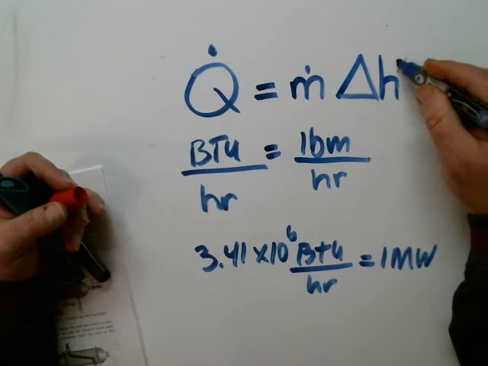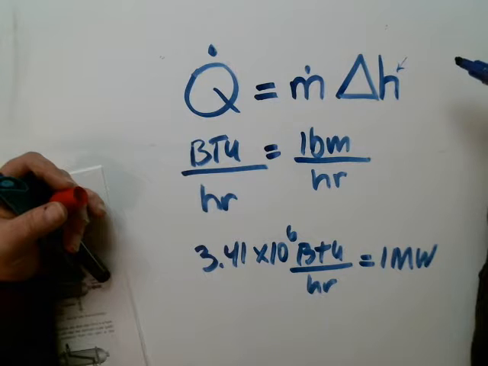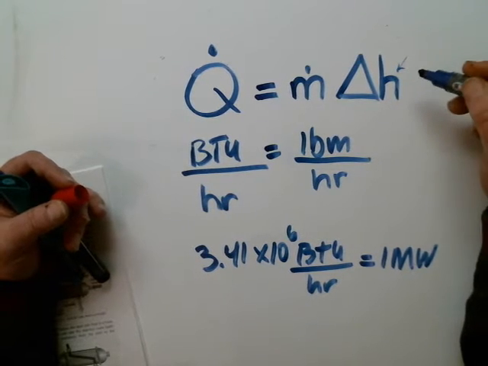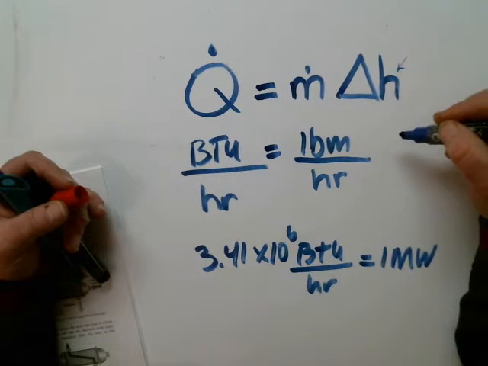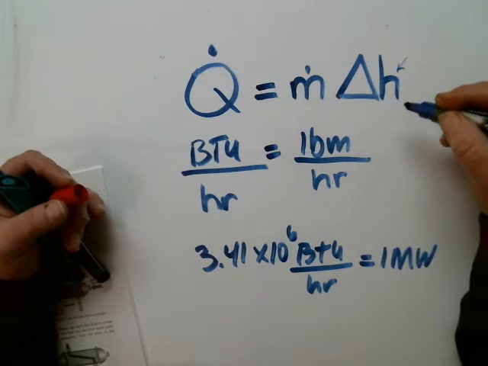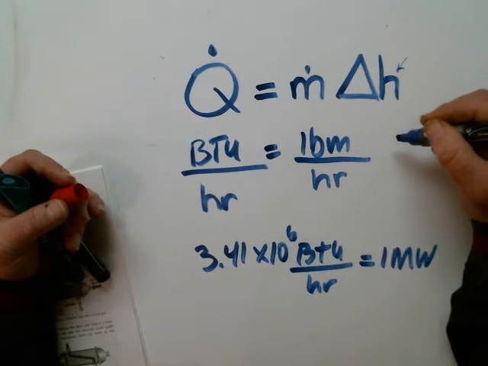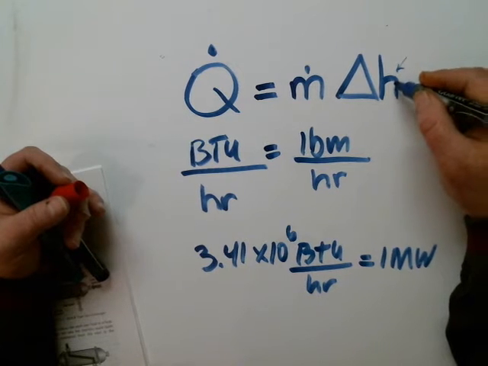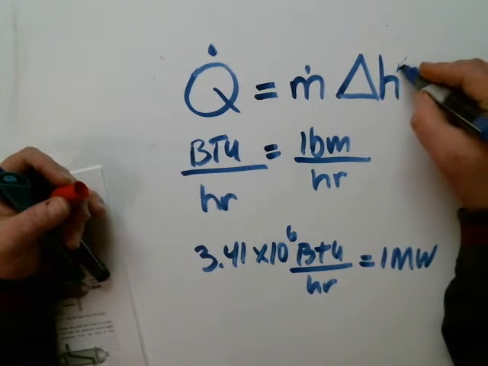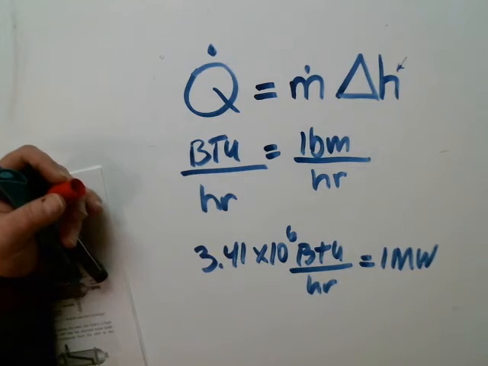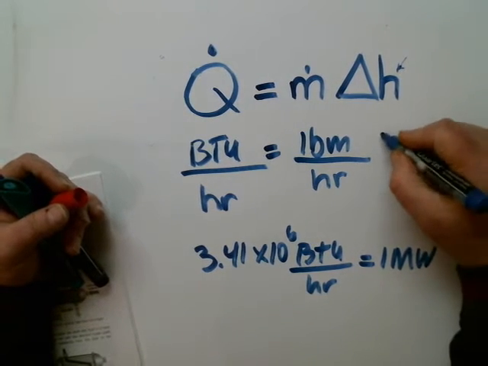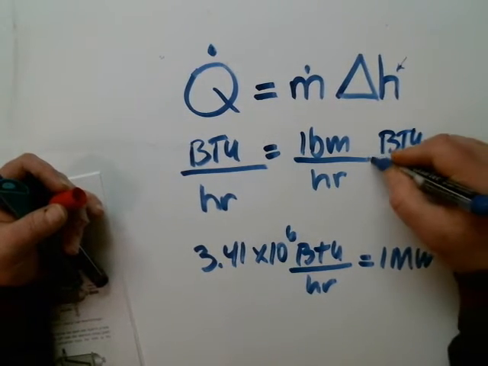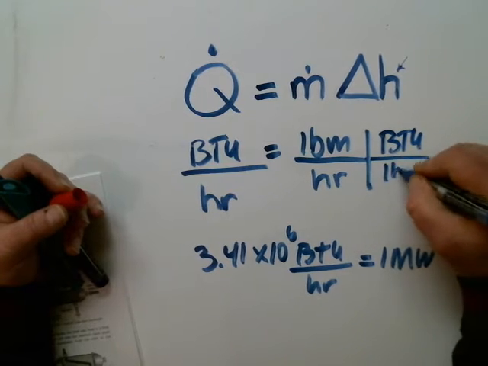So this is actually specific enthalpy, and we learn about this more in heat transfer than we really do in components. But we have to introduce it now if you're doing components first. And the unit for specific enthalpy is BTUs, the energy contained in 1 pound mass.